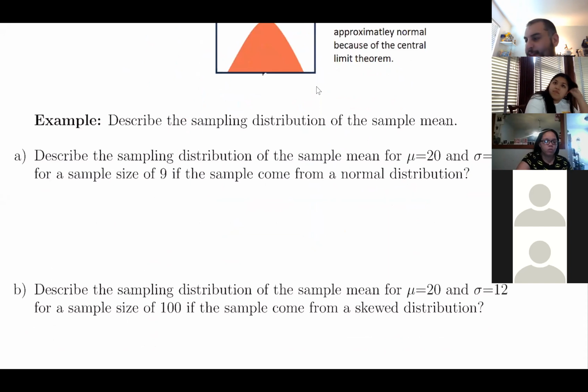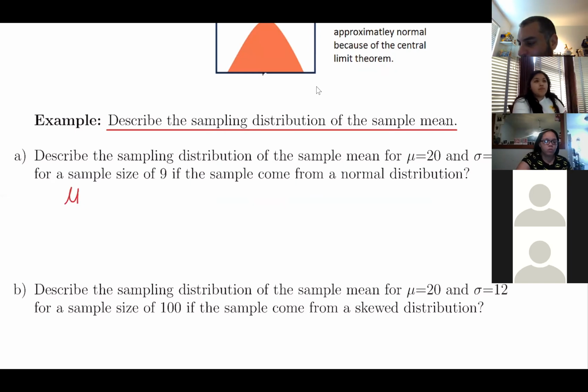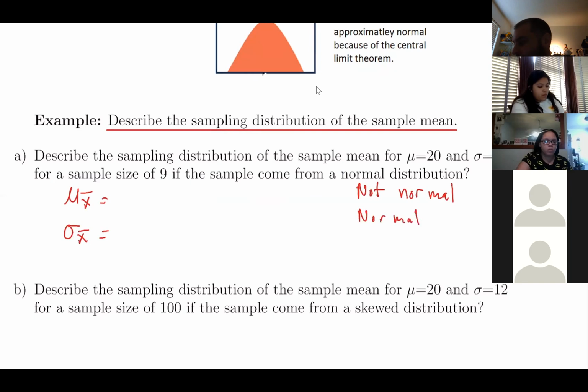So up next, we're going to describe the sampling distribution of a sample mean. So for this one, anytime I ask you this for a test or the quiz, I'm going to want three things. The three things I want are mu of x bar, sigma of x bar, and I want you to tell me if the data set is not normal, normal, or approximately normal.